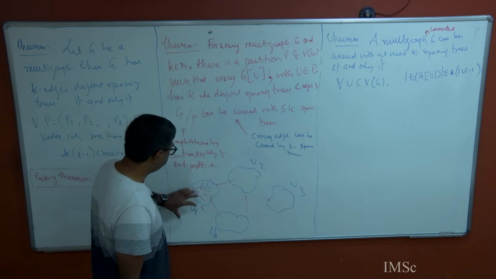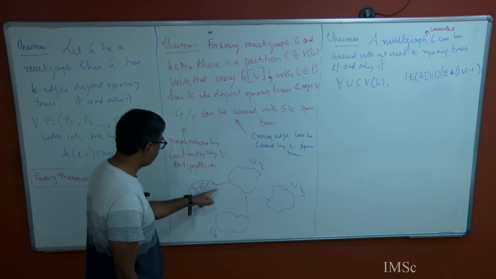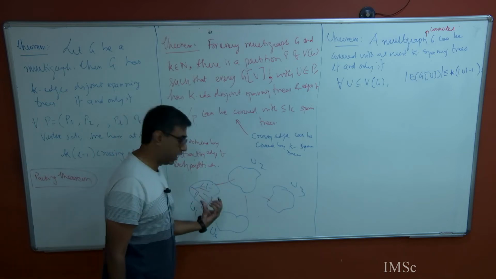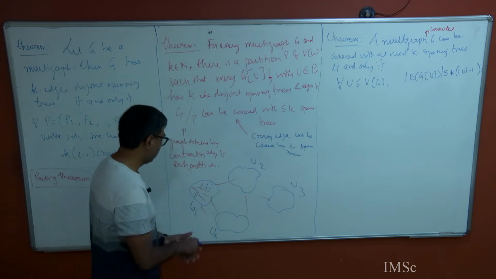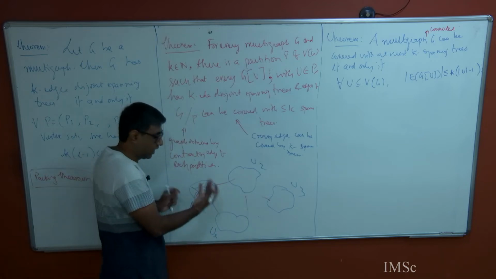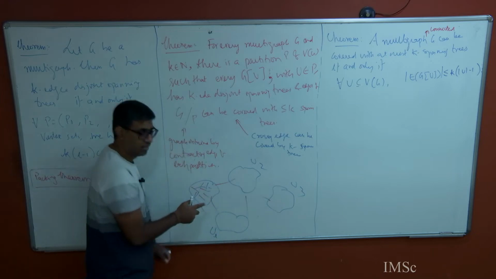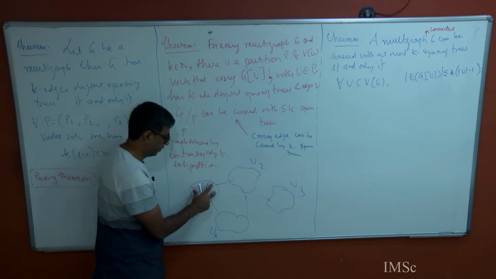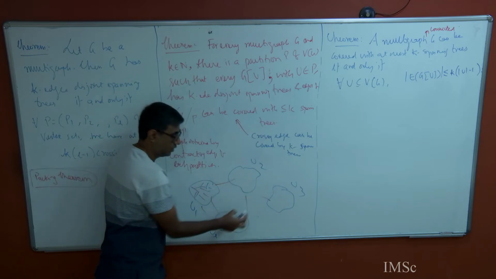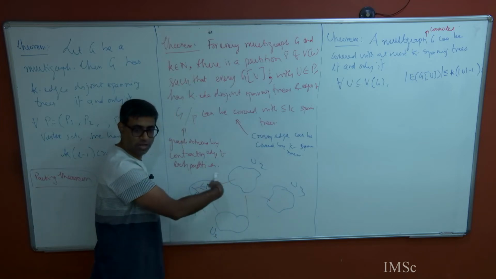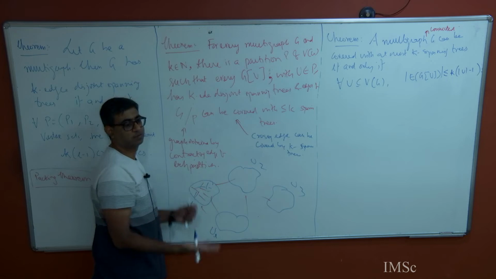And what does the first condition tell us? If I look into each of the graphs induced on these components, then they have k edge disjoint spanning trees. So these are like sources of denseness, right? And if I look across, this is a source of sparseness.